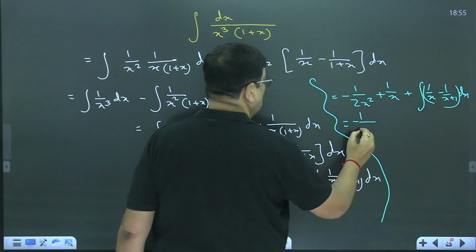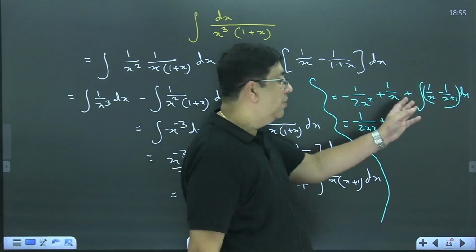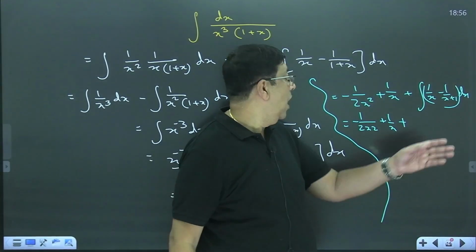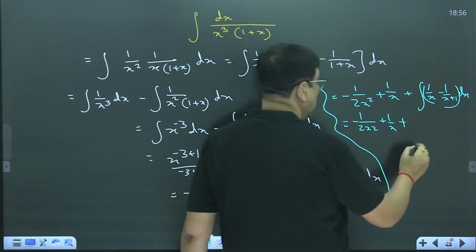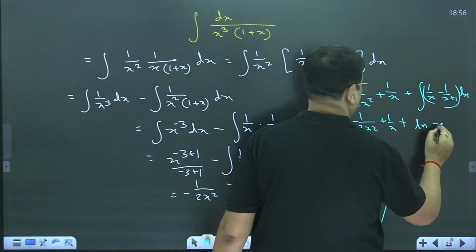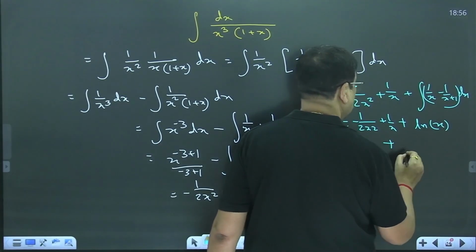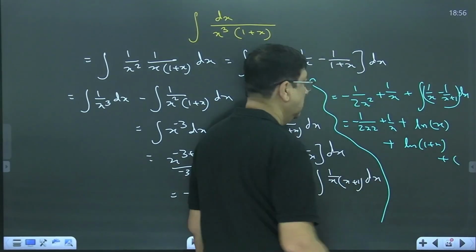So minus 2 by x square plus 1 by x: dx by x, we know that is log x, and dx by x plus 1 is log of x plus 1. So log is actually ln. In calculus, log means ln, plus c is the final answer.